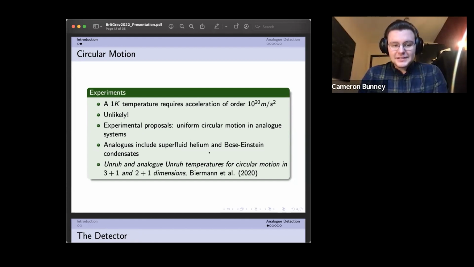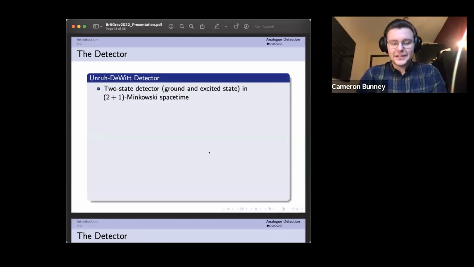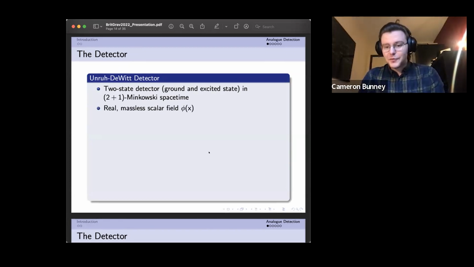So in order to detect something, we need to first consider a detector. This, in its most common state, prototypically is a 2-state detector, a ground and excited state in effectively 2+1 Minkowski space. The field that we probe with this detector is just some real massless scalar field, which we call phi.